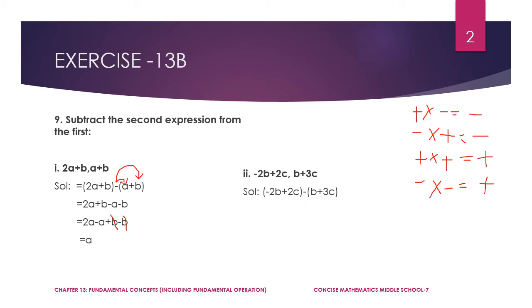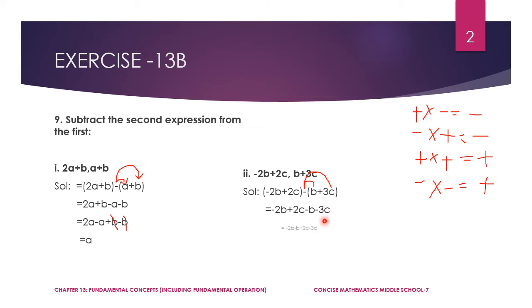So next step will be, we will be multiplying this minus inside, once with b and once with 3c. So it becomes minus 2b plus 2c. You can write it as it is. Minus into plus, minus b, and minus into plus, minus 3c.